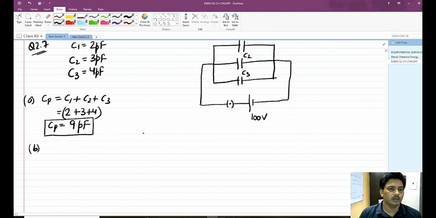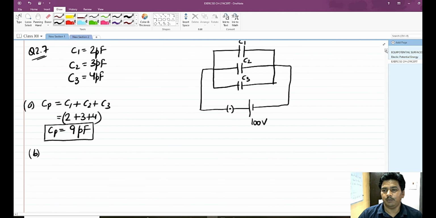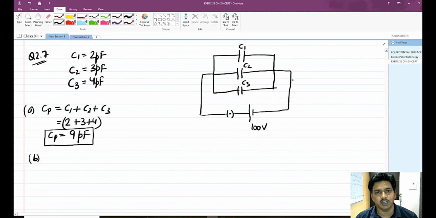In parallel combination the potential difference across each capacitor is the same and the value of capacitance is given. So the formula of charge is Q equal to C into V, capacitance multiplied by potential.